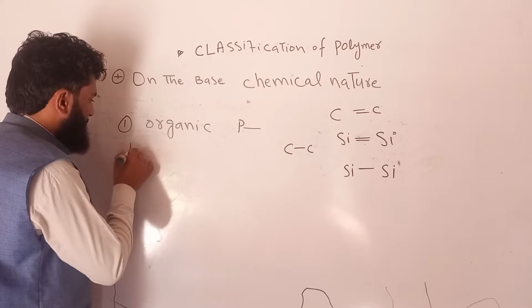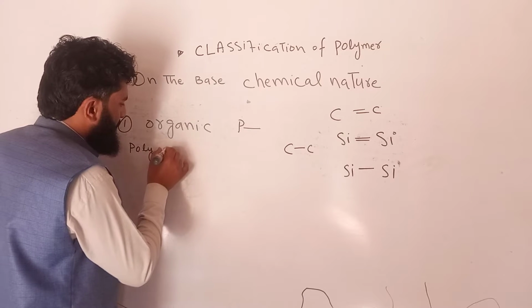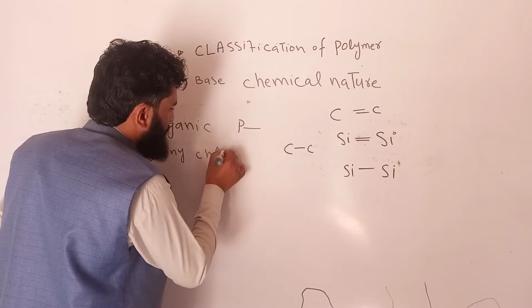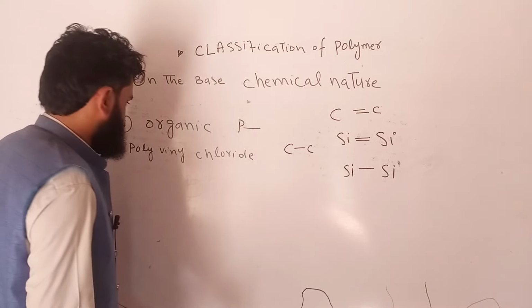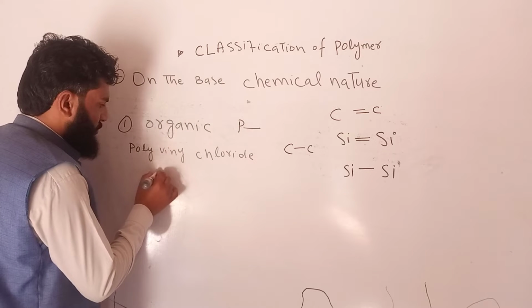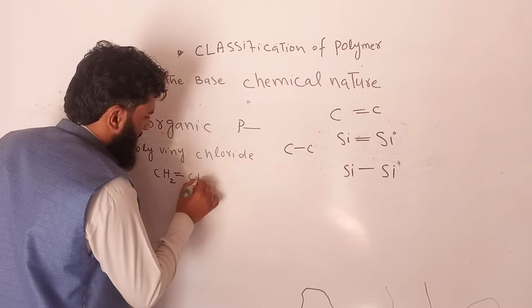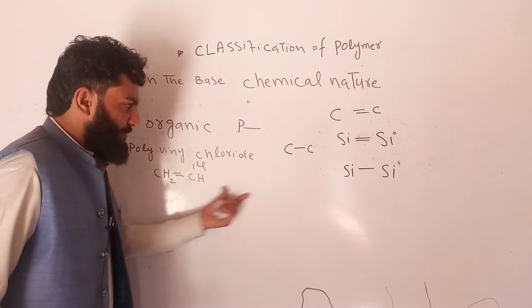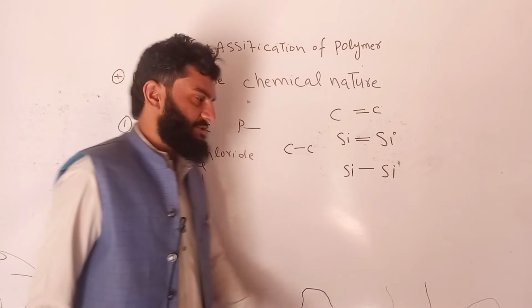For example, polyvinyl chloride. As you know, vinyl chloride is a vinyl monomer. If this repeats in a chain, it forms polyvinyl chloride.